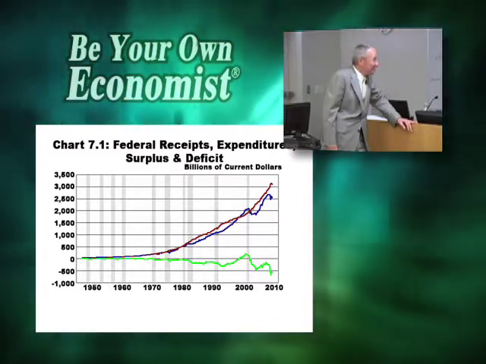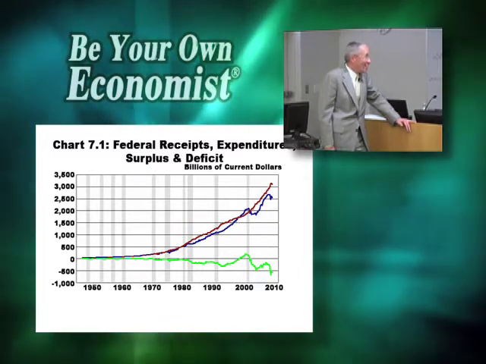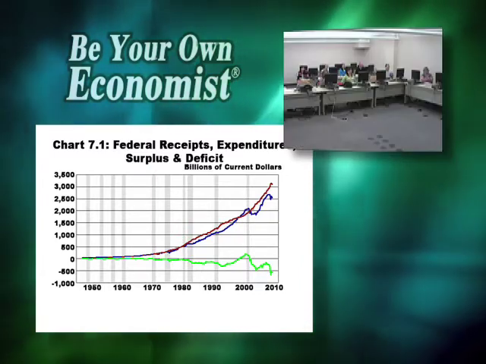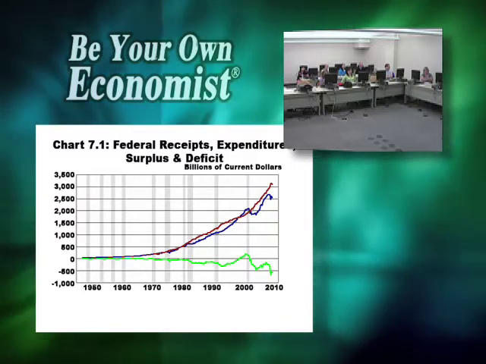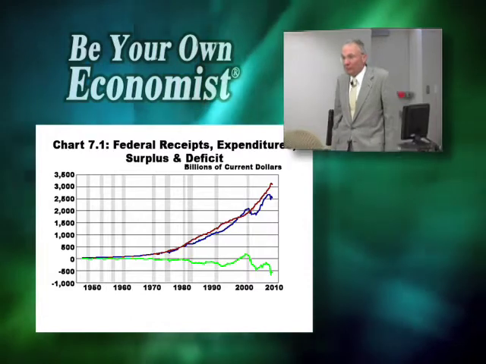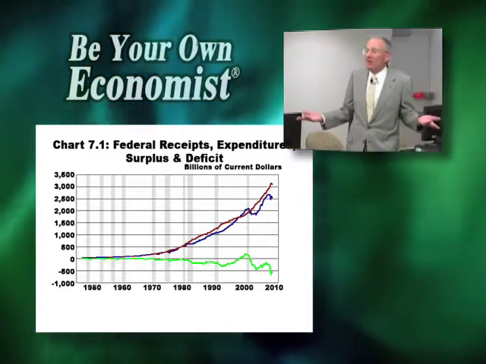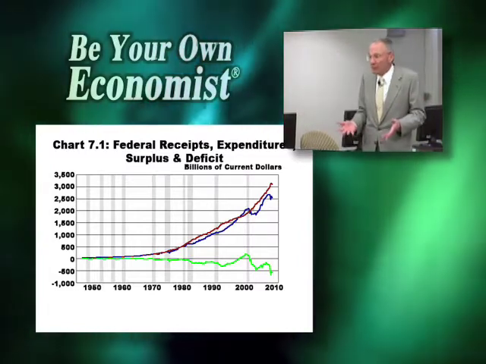Now, you can see that with every recession, the receipts fall. Why do the receipts or revenues fall with recession? It's hard to collect taxes when folks' income is falling.